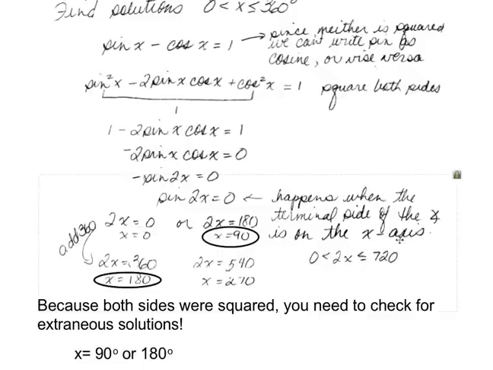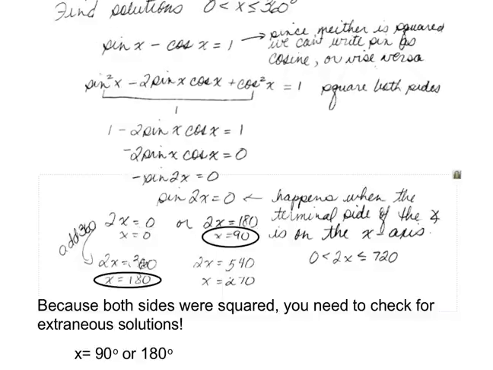That is going to happen when the terminal side of my angle is on the x-axis. So that happens at 0, and it also happens at 180. Now, I have to adjust my constraint so that now, rather than x being between 0 and 360, I have 2x being between 0 and 720. So to each of these, I had to add 360 degrees.